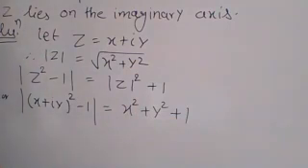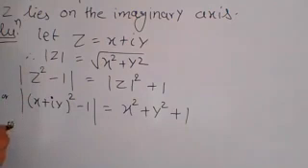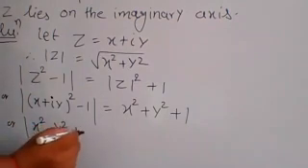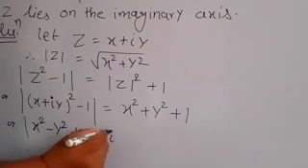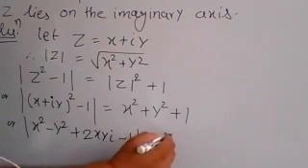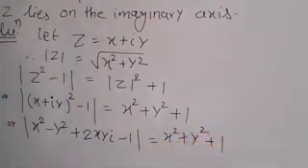Now simplifying, that can be written as mod of x square minus y square plus 2xy into i minus 1 is equal to x square plus y square plus 1.